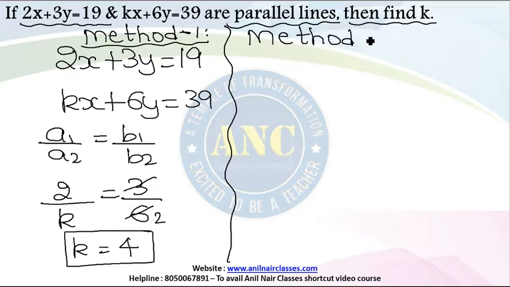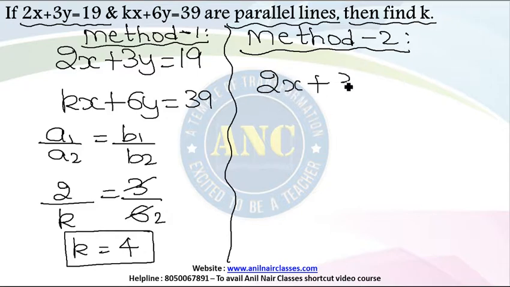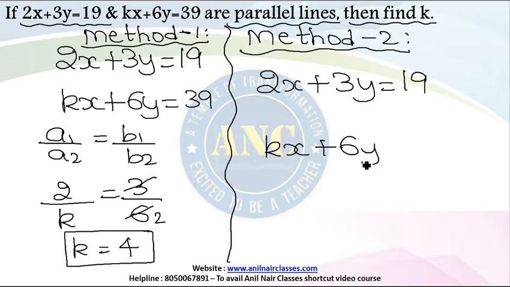Method 2. You can also apply this particular method to solve this question. 2x plus 3y is equal to 19. This is what they have given. Can I say that the other equation is kx plus 6y is equal to 39. Now think logically. I told you sometime before also that the coefficient of x and y will be same in case of parallel line.